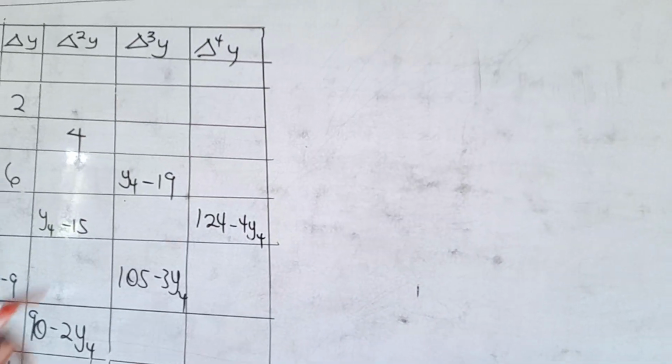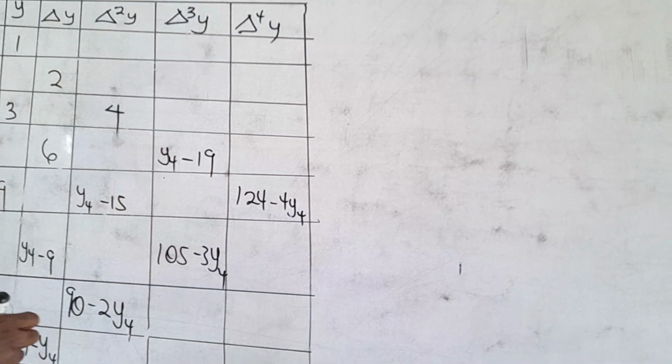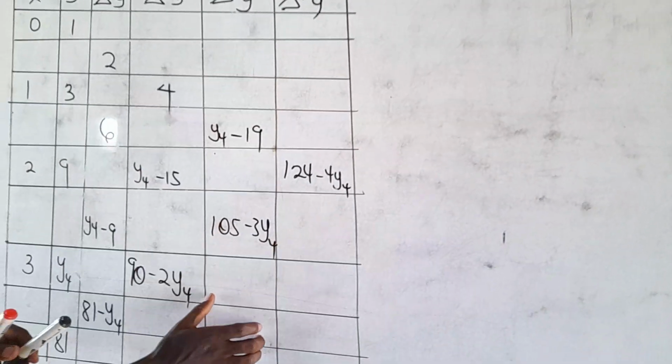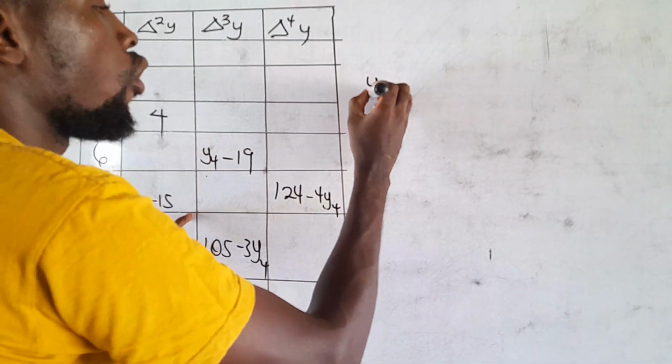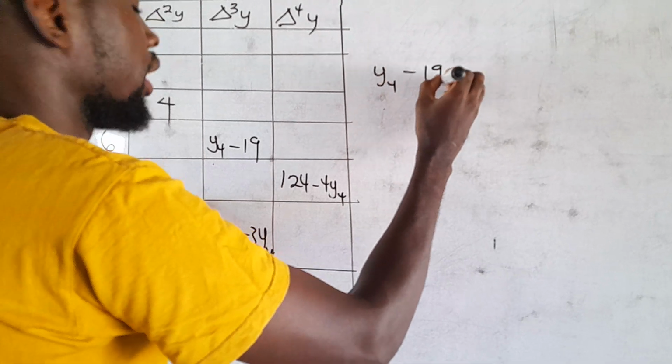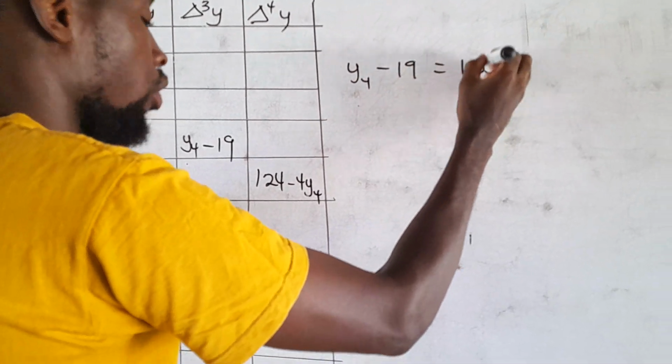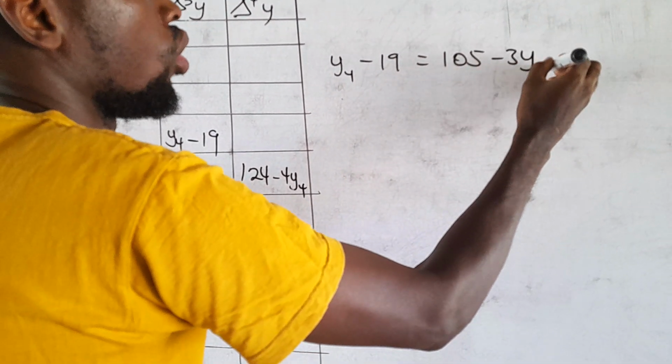So our first one, we can say this is a cubic polynomial. So all the values here will be the same. So we can say y4 minus 19 is equal to 105 minus 3y4.